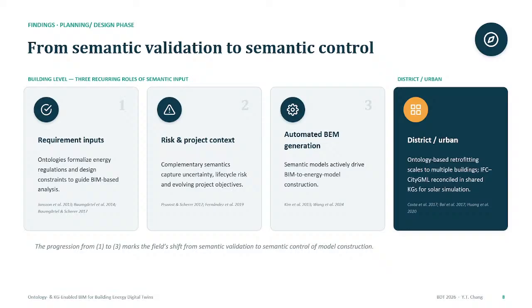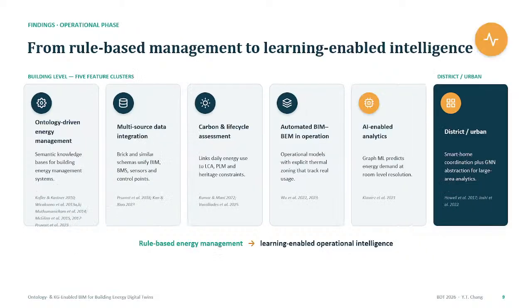Right, and if we're at the district level, it's for the planning phase, and it's about linking the IFC and CityGML, etc. And for the operational phase, of course, a lot is about how can we utilize ontology to do better building energy management. And then the carbon also comes into the picture.